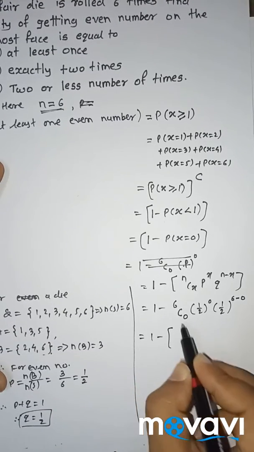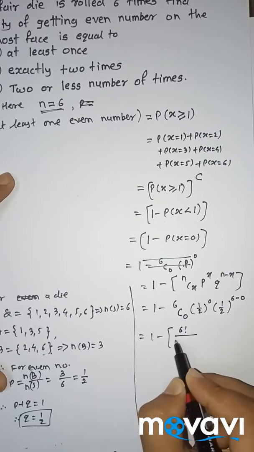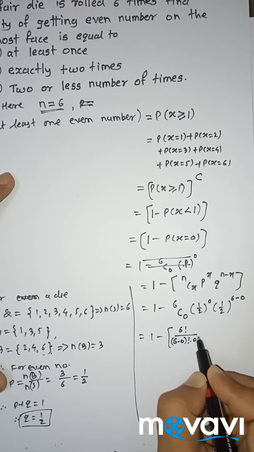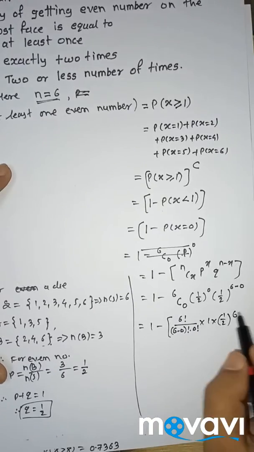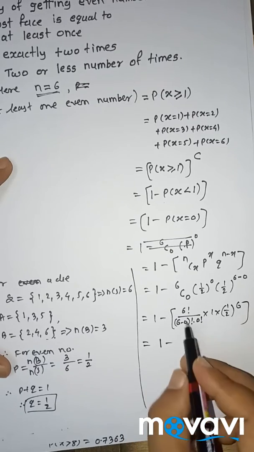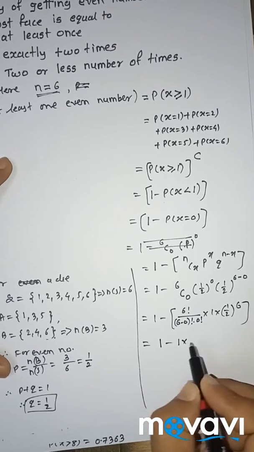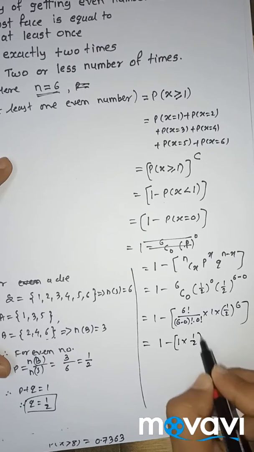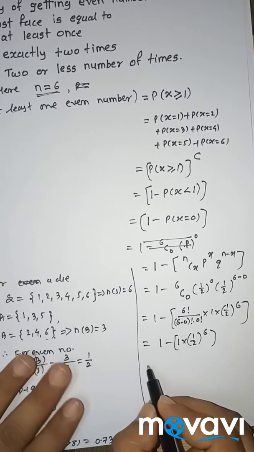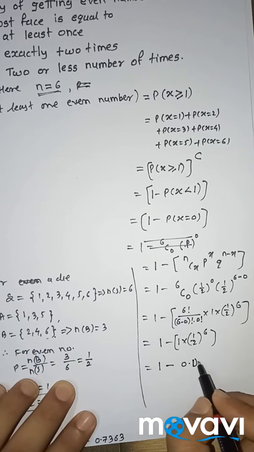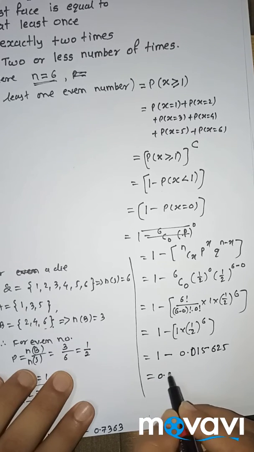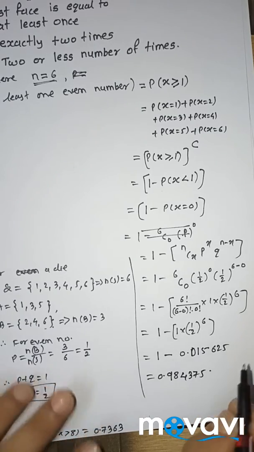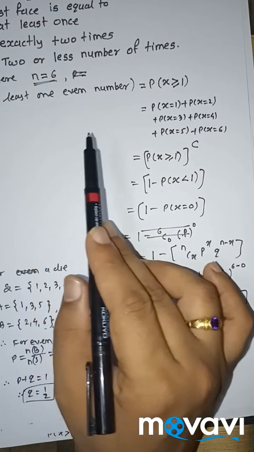This is equal to 1 minus 6 factorial upon (6 minus 0) factorial into 0 factorial, into half raised to 0 which is 1, into half raised to 6. This is equal to 1 minus 6 factorial upon 6 factorial, which is 1, into half raised to 6, and this is equal to 1 minus 0.015625, which is equal to 0.984375.